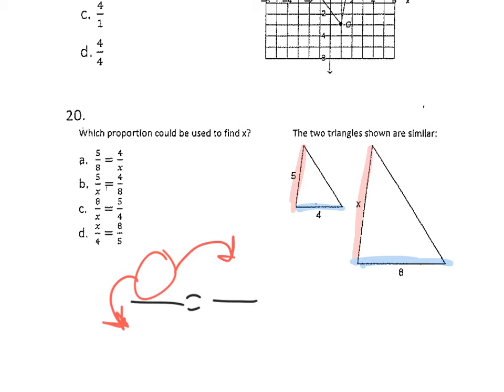And I would go through on my A, B, C, and D, and I would just highlight the numbers that match. So all my 5s are going to be red the way I've got it set up. All of my X's are going to be red. All of my 4s are going to be blue.